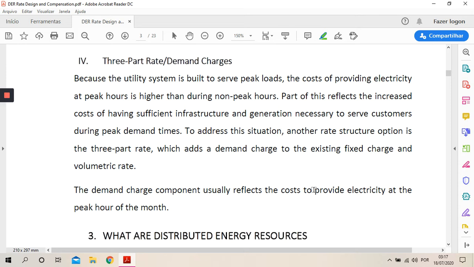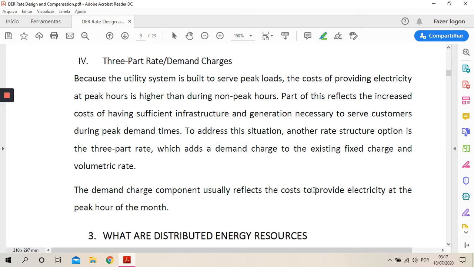Another one, three-part rate demand charges. Because the utility system is built to serve peak loads, the cost of providing electricity at the peak hour is higher than during non-peak hours. Yes, we know that. Part of this reflects the increased cost of having sufficient infrastructure and the generation necessary to serve customers during peak demand times.